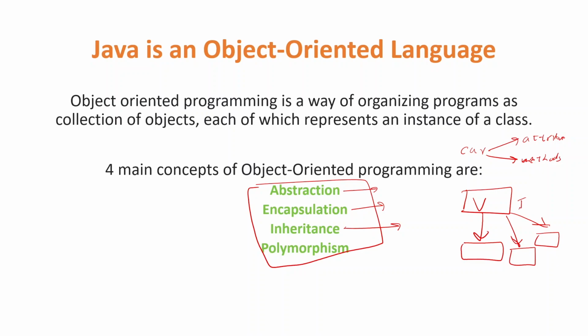What do we call this? Inheritance. Polymorphism means we can reuse things. For example, we can overload methods, override methods, this kind of thing. We'll discuss this in a later chapter. In the next video, I'm going to discuss how to do the environment setup, and we'll do one sample program. After that, we will start discussing the basic concepts.